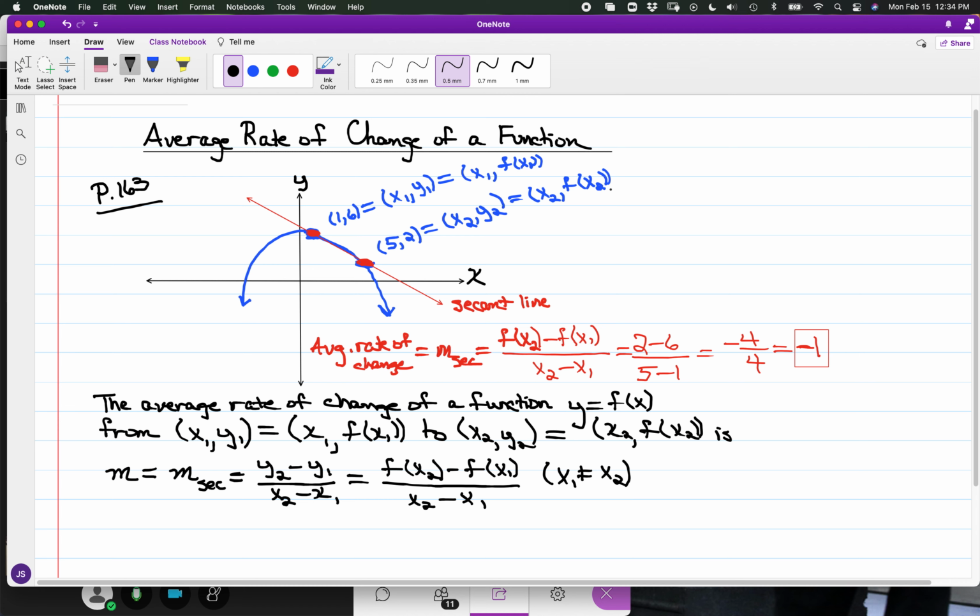Filling in, you have 2 minus 6 for the change in the functional value, all over 5 minus 1. The amount of change vertically is a drop of 4 units, and the horizontal change is a rightward shift of positive 4 units, so we have negative 4 over 4, which is equal to negative 1.